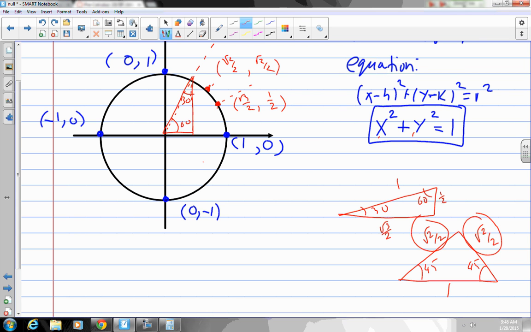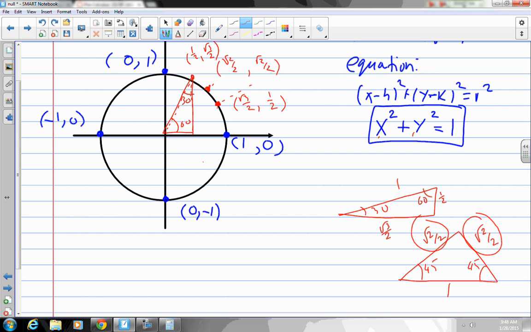So I'll have the same points, only in reverse. The coordinates of this point right here will be 1/2 and square root of 3 over 2. Just the same points, only the opposite, because I'm looking at the same triangle. Only x became y, y became x. Did that make sense? Okay.